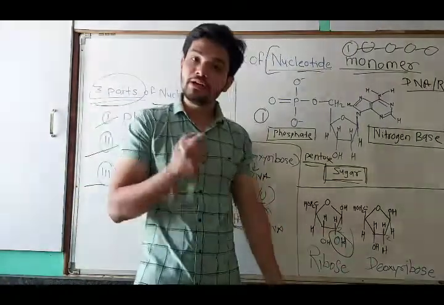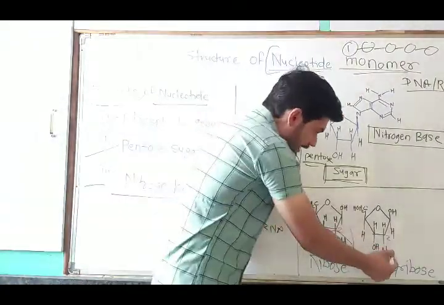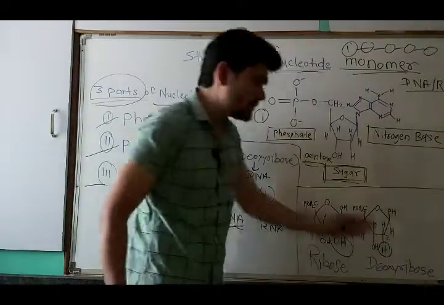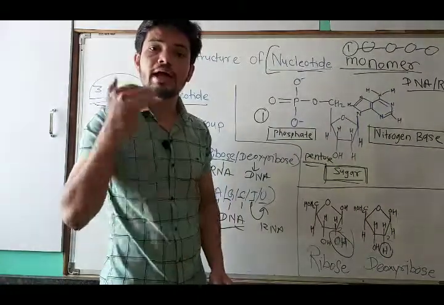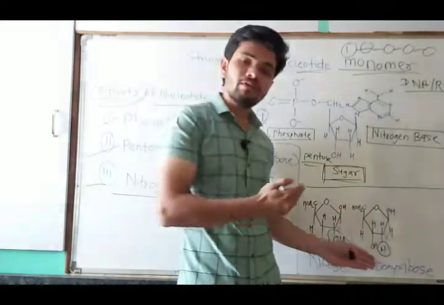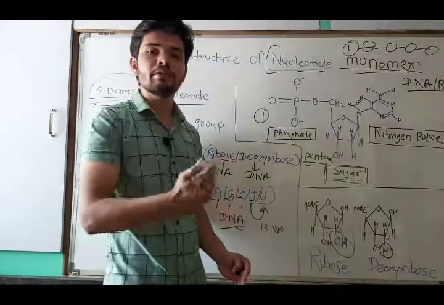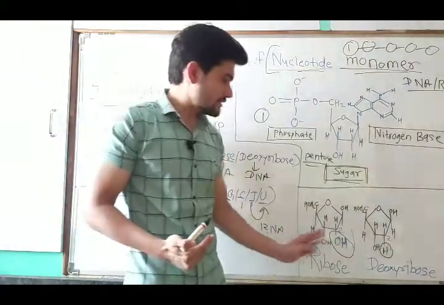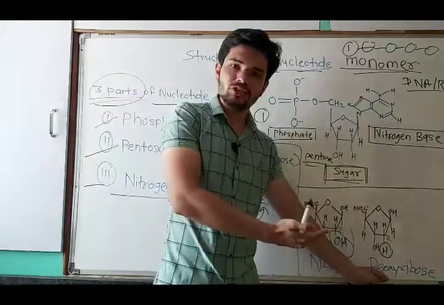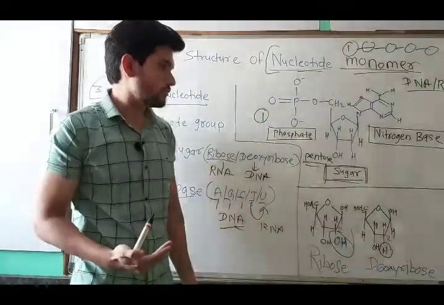In case of deoxyribose sugar, the hydroxyl group is absent on the second carbon, so that's why we call it deoxyribose sugar. This is the difference between the DNA sugar deoxyribose and the RNA sugar ribose.